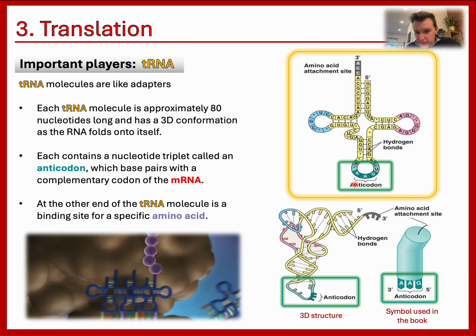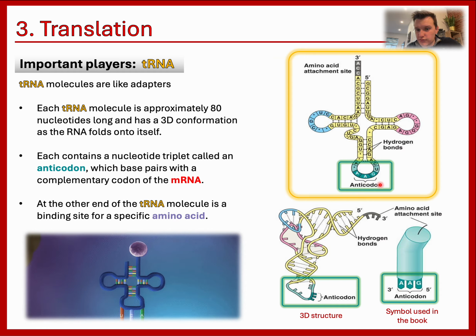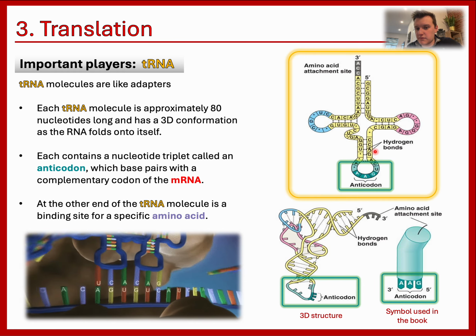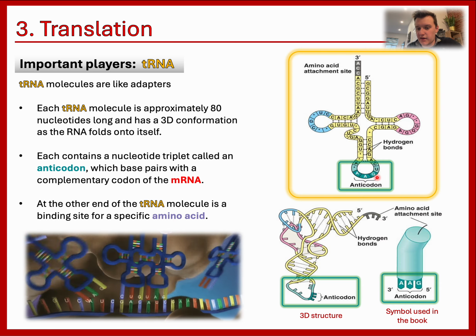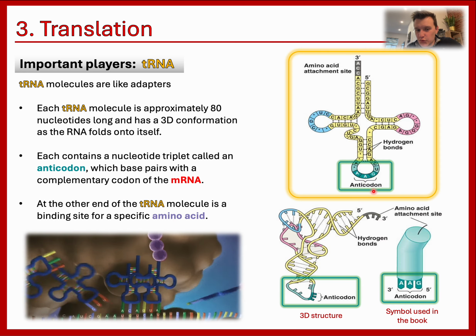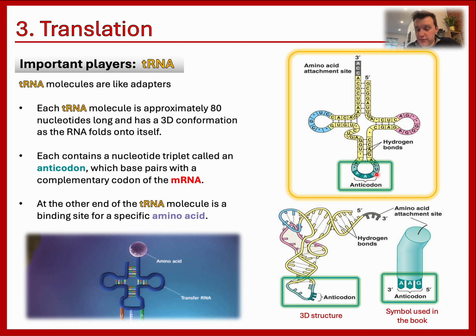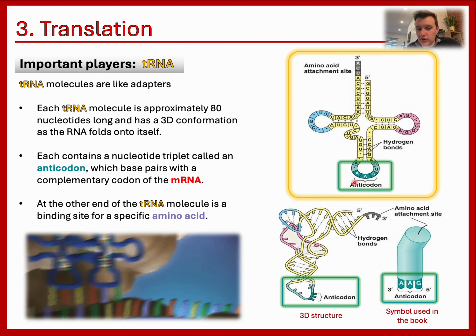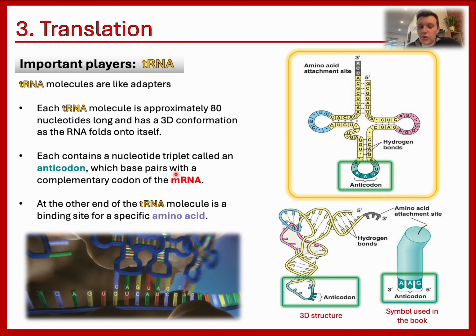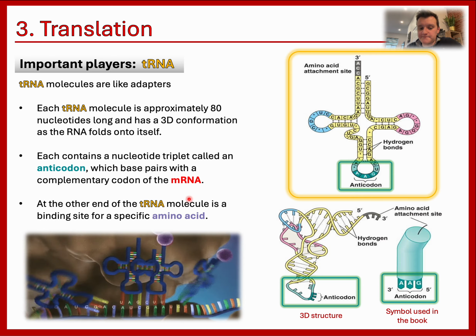Do you see at the bottom here? This is called the anticodon region. All the rest of it we don't care about, they're just base pairing in a weird way. This bottom part is crucial. These three nucleotides called the anticodon are what will base pair with the mRNA.